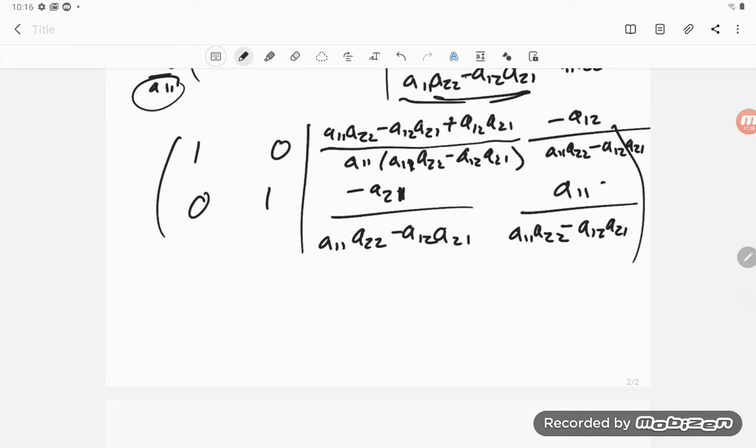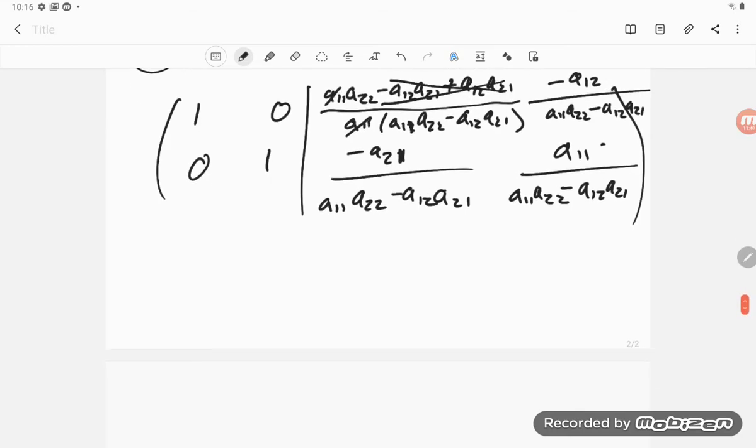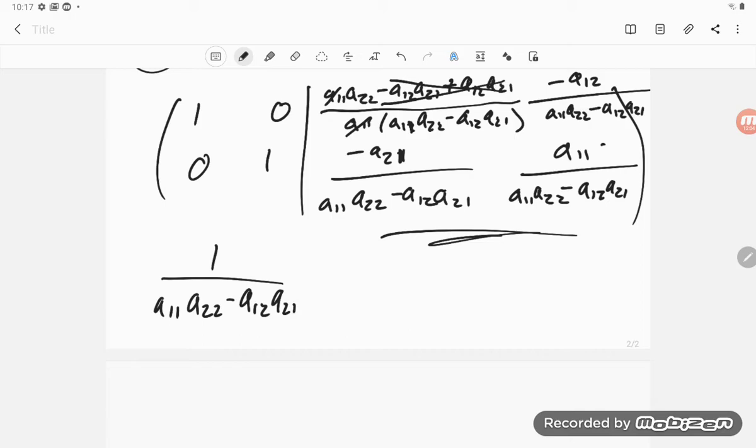Now, as you look at this, that part becomes 0. That will factor out with the A11 there. And so what I get for all this is I can factor out that thing on the bottom. So I have the denominator is 1 over A11, A22 minus A12, A21.